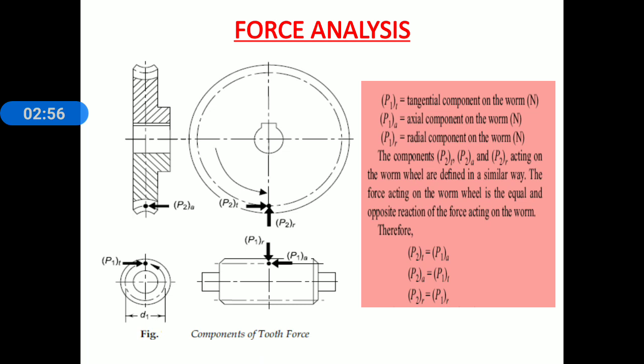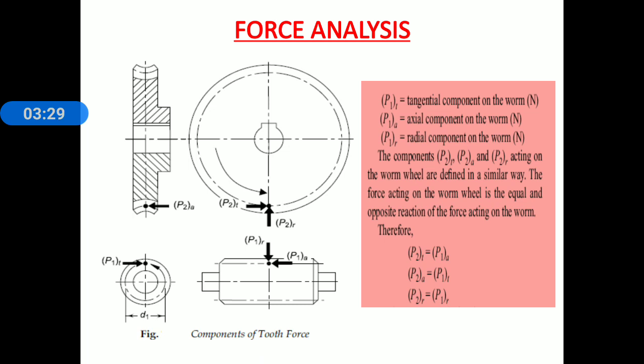Now observe the figure carefully. The components P2T, P2A and P2R acting on the worm wheel are defined in a similar way. The forces acting on the worm wheel are the equal and opposite reaction of the forces acting on the worm.